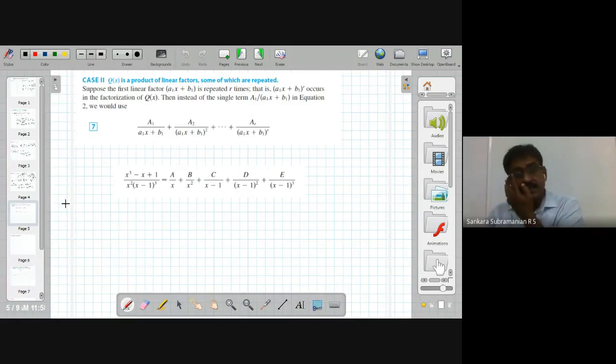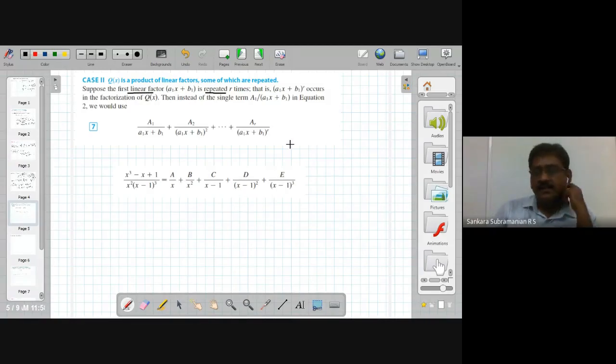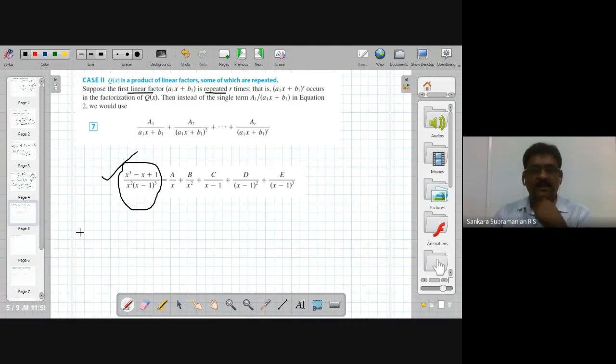So what it says here is actually repeated factors, right? It's linear, but it is repeated. For example, for the left-hand side function, the first check is whether it is a proper fraction, yes or no. The answer is yes, because the numerator has degree 3.